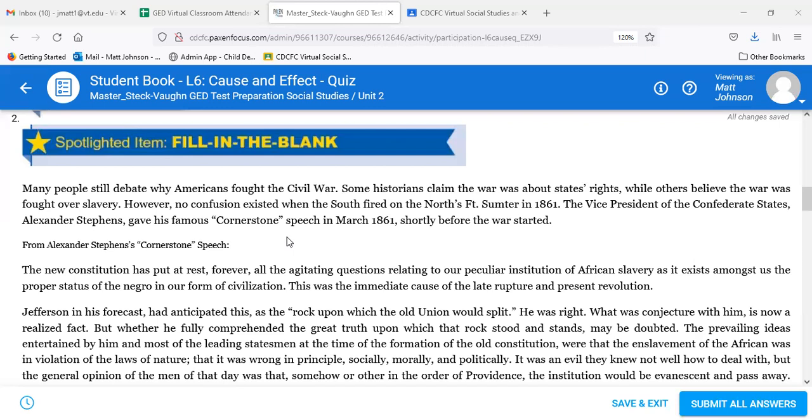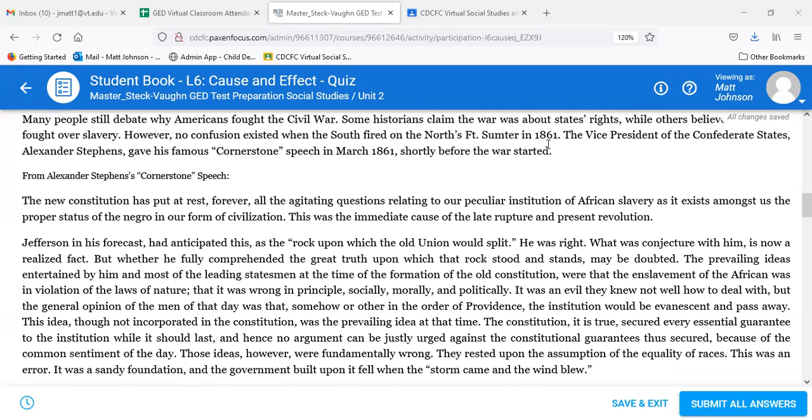The new constitution has put at rest forever all the agitating questions relating to our peculiar institution of African slavery as it exists among us, the proper status of the Negro in our form of civilization.